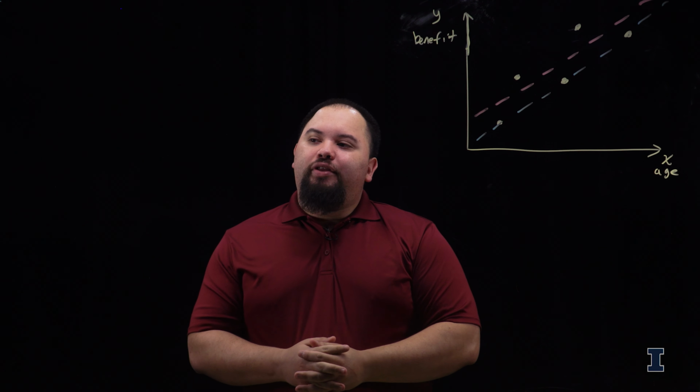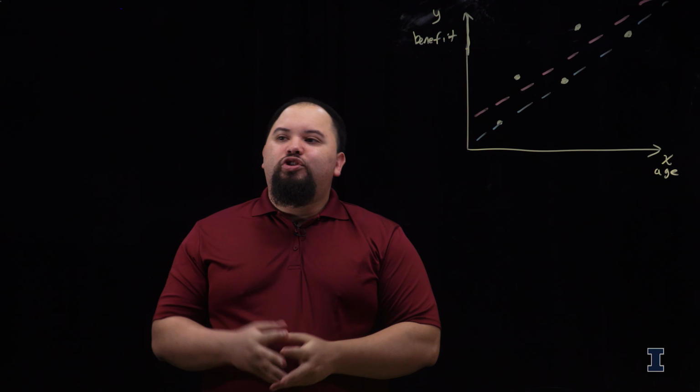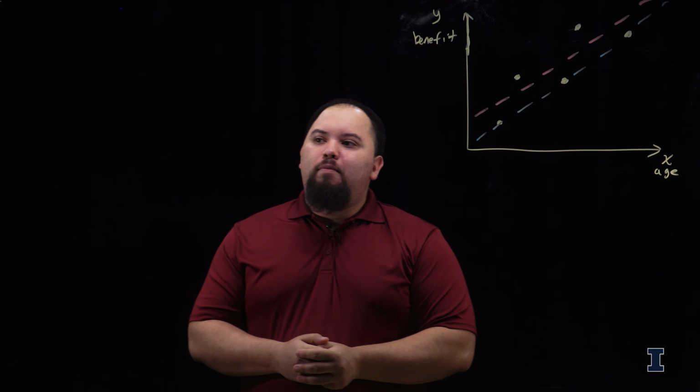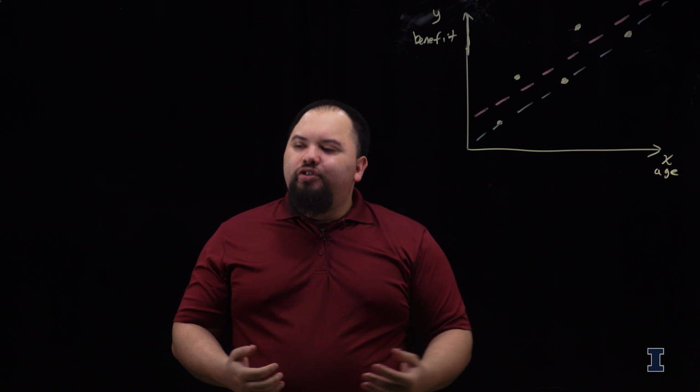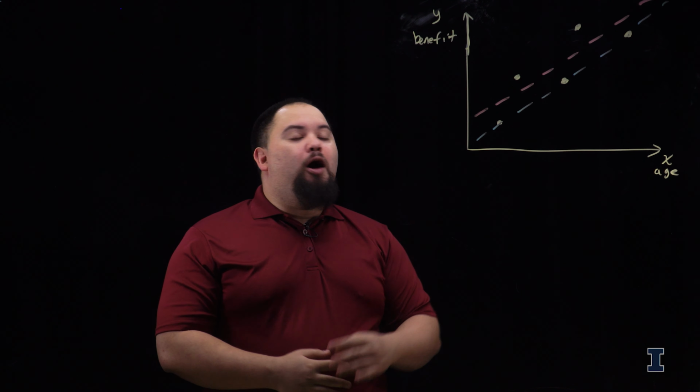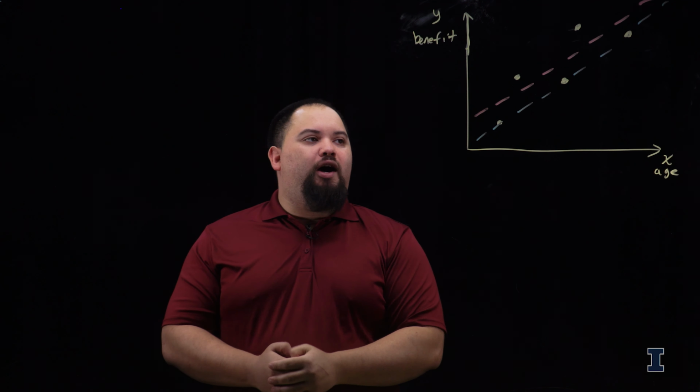Overall, there are a couple things that we want to focus on. First off, there should be approximately the same amount of points above and below the line. Alternatively, the distance above the line should be approximately equal to the distance below the line.